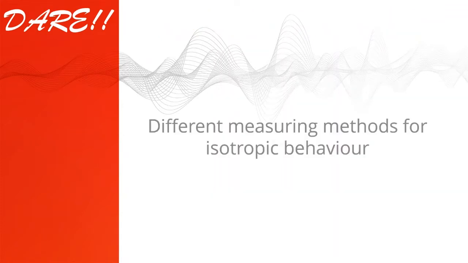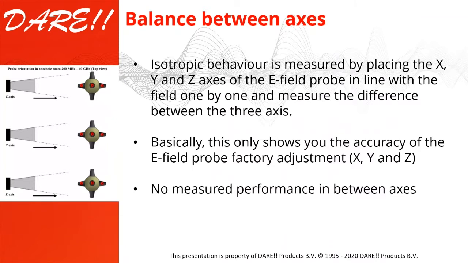Okay, then I want to explain more about the different ways of how isotropy can be measured. The first method is what we call balance between axes. Typically, during a balance between axes method, we position the probe in the X, Y, and Z direction into the field, and we measure the response.